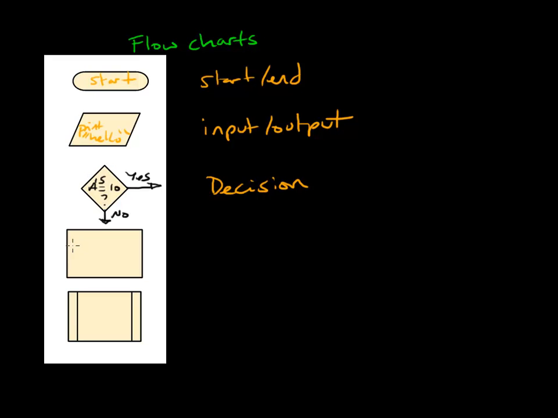So things like a result is A plus B. So this will be a process. And this one here is a subroutine. So things like maybe add A and B, and then somewhere else a subroutine will do that work.